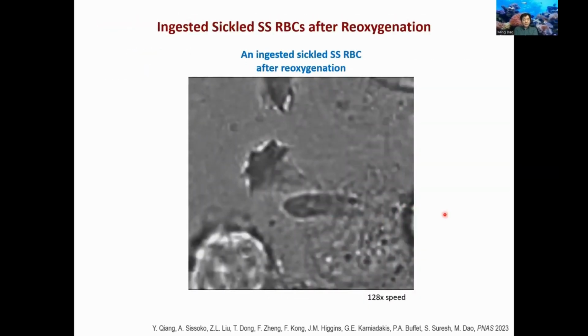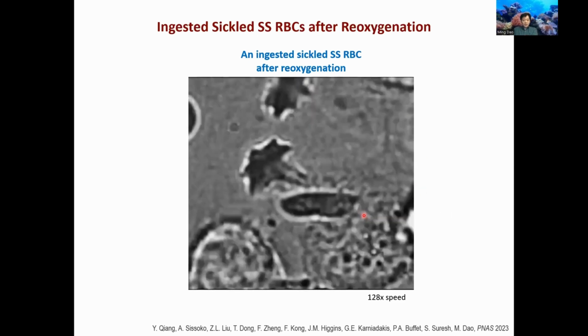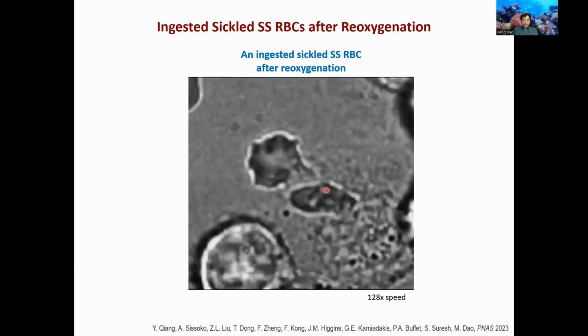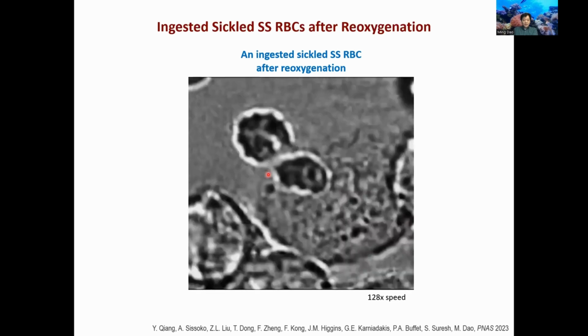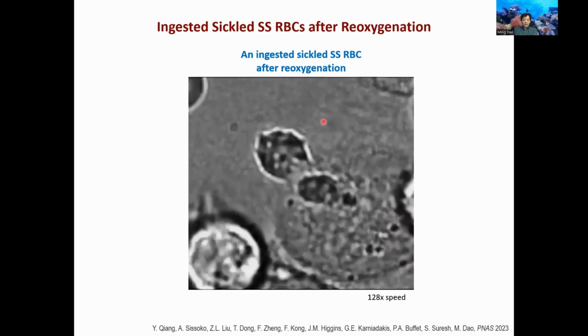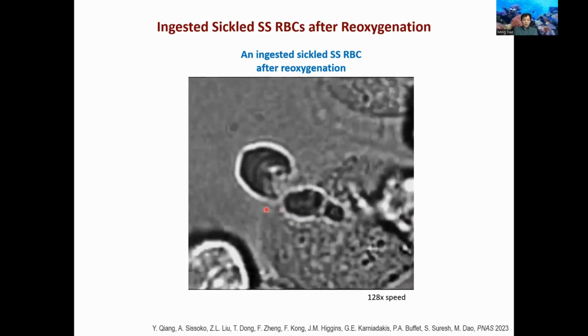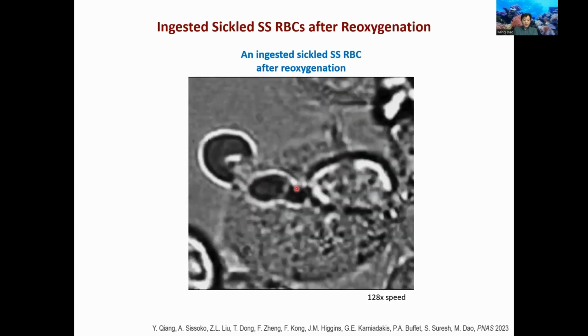So the next one we are going to show is the ingested sickled RBCs after reoxygenation. What happens? So this is a sickled cell being ingested, but after we put oxygen back on, it will unsickle.